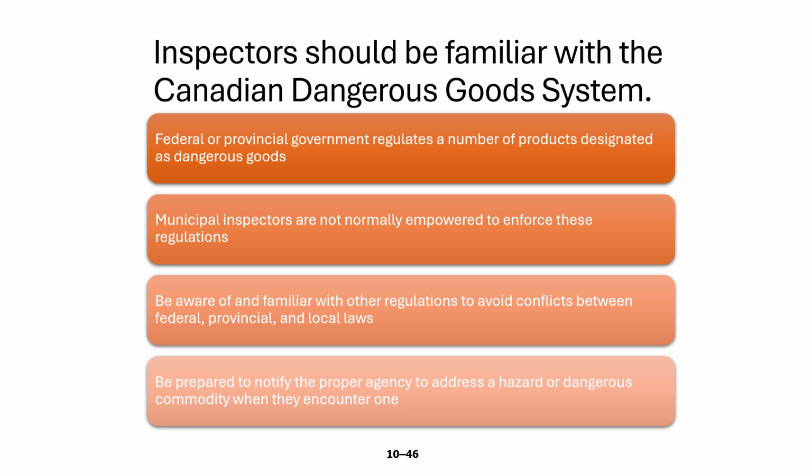So, what is the Canadian Dangerous Goods System? We need Canada's federal and provincial governments. They regulate a number of products designated as dangerous goods. It's something that as inspectors at our level, we don't have the authority to enforce.